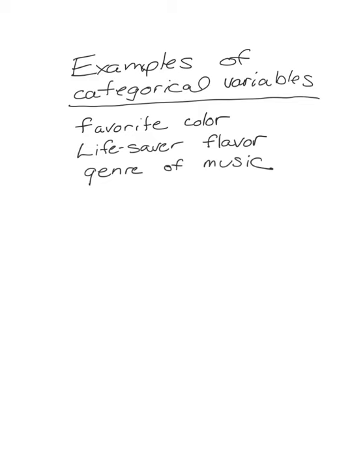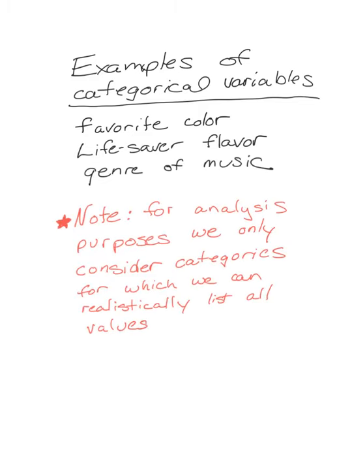Another example would be genre of music. So just to add a note here, we couldn't extend this genre of music to the level of saying, oh, what everybody's favorite album is, because that list would be too long. There'd be many thick catalogs before you could list every album of every artist.